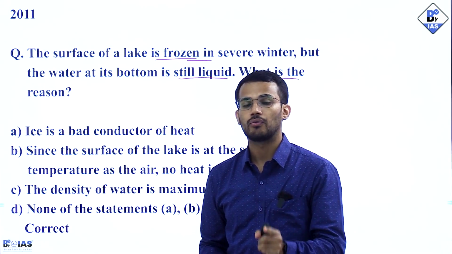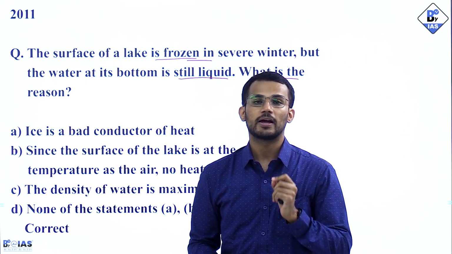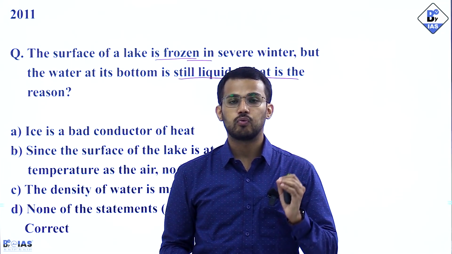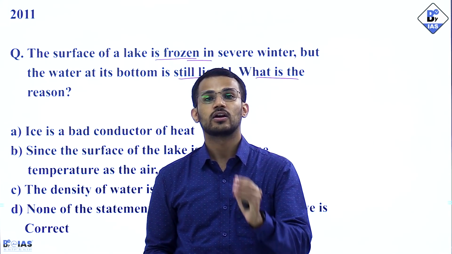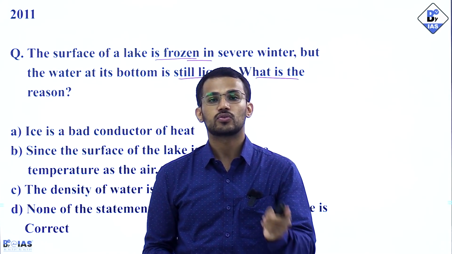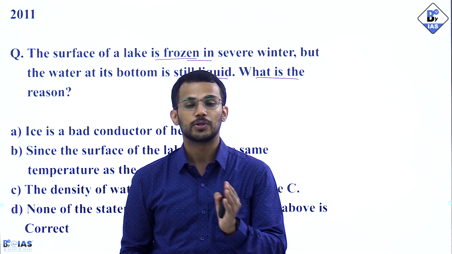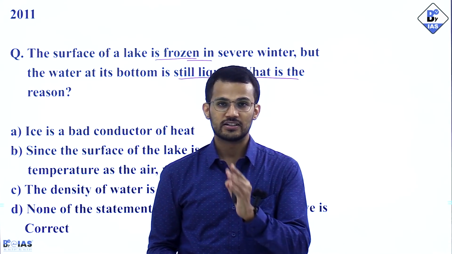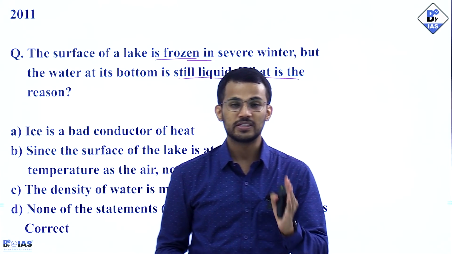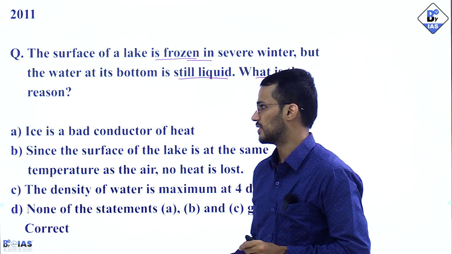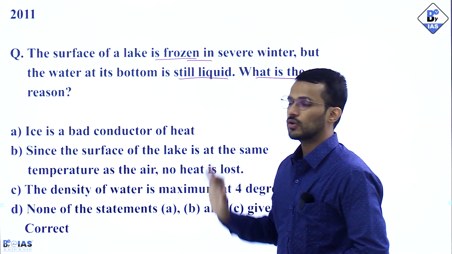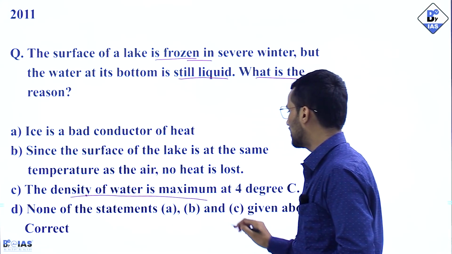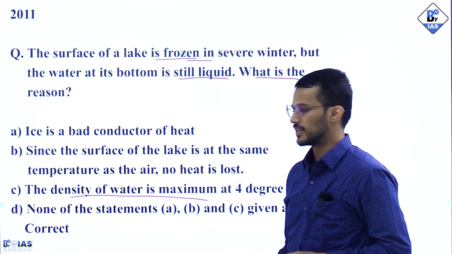It is the result of a special phenomenon shown by water, and that phenomenon is the density of water is highest at 4 degrees Celsius. If we try to reduce the temperature of water below 4 degrees Celsius, then density decreases. It does not increase. That means it is highest at 4 degrees Celsius. And hence, for this particular phenomenon, reason is the density of water is maximum at 4 degrees Celsius.